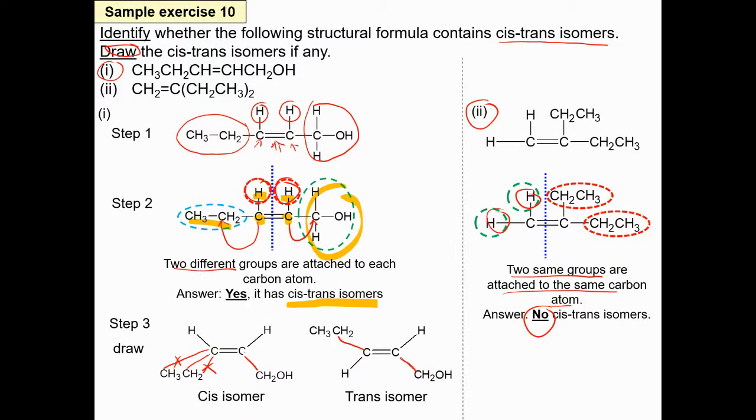For the double bond, it's easy. Divide them into 4 groups and make sure that you know which atom the carbon is bonded to. Don't just simply attach to hydrogen or any other carbon. So that's all for cis-trans isomers.